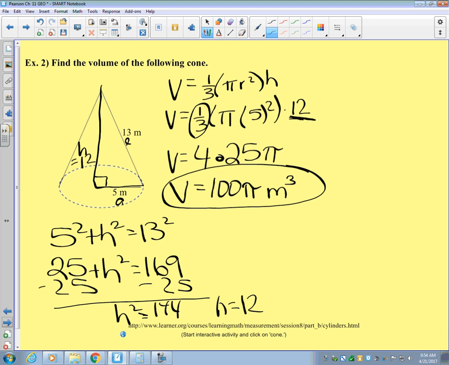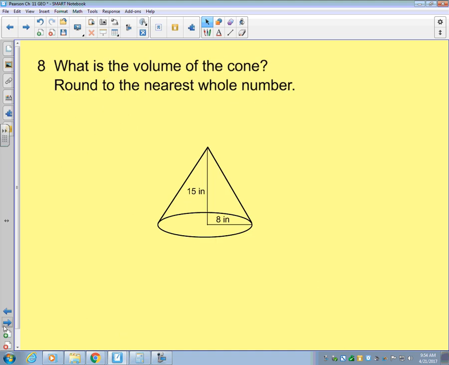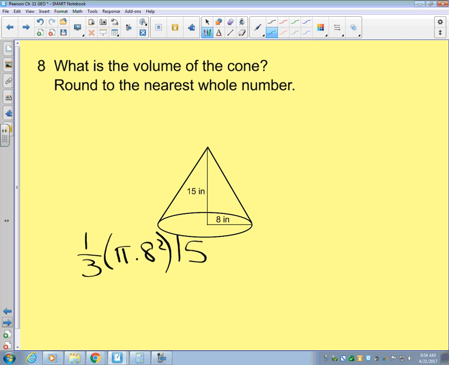Okay, got this. Feel okay? Anything else on the cone zone? Oh, you want a bonus cone? Yes. Bonus cone! 1/3 pi r squared times the height. 1/3 of 15 is 5. 8 squared is 64.